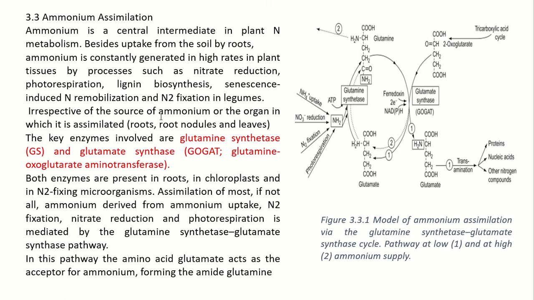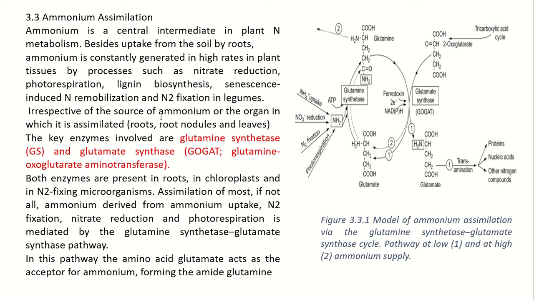So irrespective of the source of nitrogen, whether ammonium or nitrate that is assimilated, there are three parts: root nodules, leaves, and roots also.